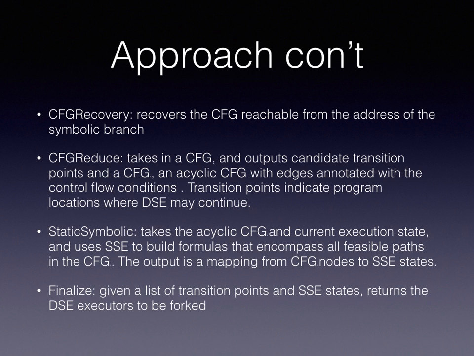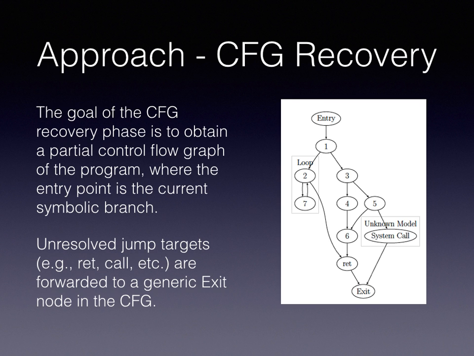I'm going to get into a little more detail for these four steps. The first one is CFG recovery. The goal of the CFG recovery phase is to obtain a partial control flow graph of the program, where the entry point is the current symbolic branch.